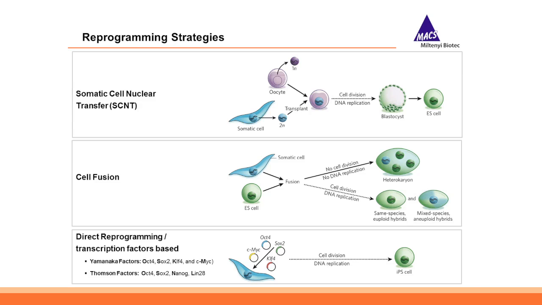Maybe you know the story, this was also done with the sheep Dolly, so just the cloning of an animal. The next method is cell fusion, which is an alternative approach to reprogram the somatic genome, which involves the creation of hybrids between somatic cells and other cells that contain reprogramming activities.